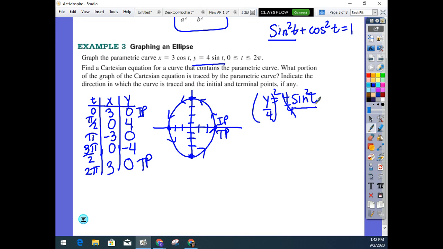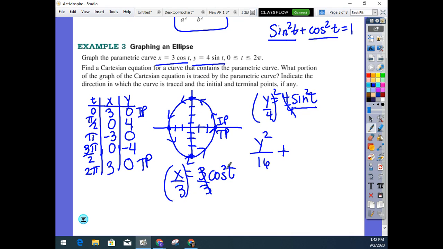So sine squared is y squared over 16 plus, now I need to get cosine squared. X equals 3 cosine t. Get cosine by itself, divide by 3, square both sides. So I have x squared over 9 equals 1.